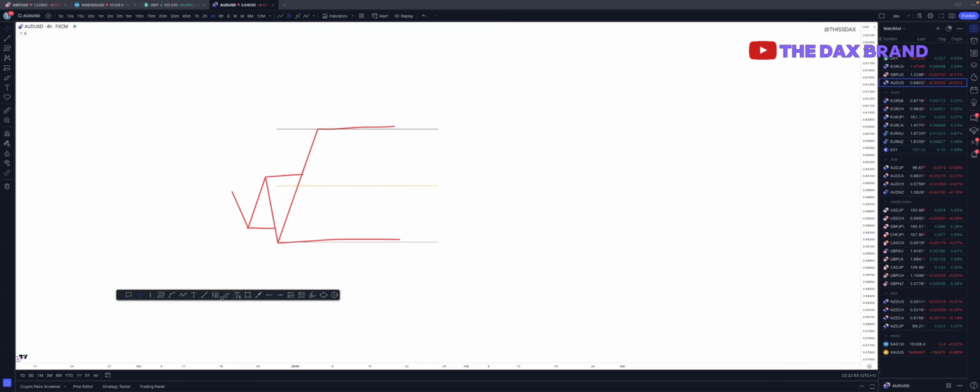Then the area below the middle here is the discount zone where you want to look for only buys. Immediately price comes into the discount, you stop looking for sells. And this is the premium zone where you look for sells. That means sells to come into the discount.